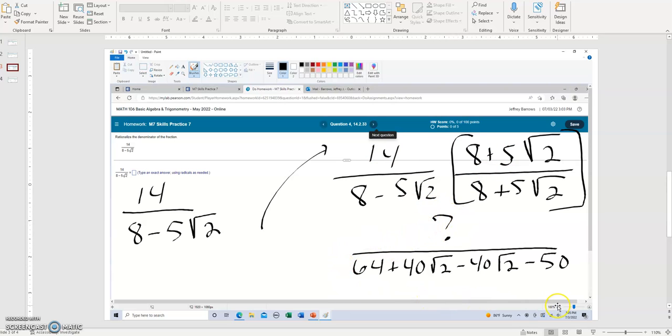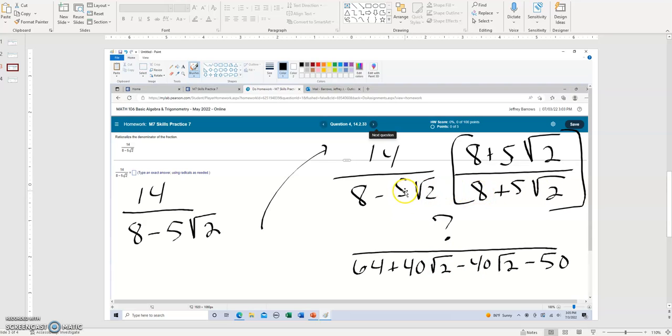What I wanted to be very explicit about here is making sure you understand why this conjugate works. So if I have 8 minus 5 times the square root of 2 times 8 plus 5 times the square root of 2, this is really a binomial times a binomial. So when I FOIL this out, I have 8 times 8, which is 64. 8 times 5 times the square root of 2 is 8 times 5 is 40 times the square root of 2.